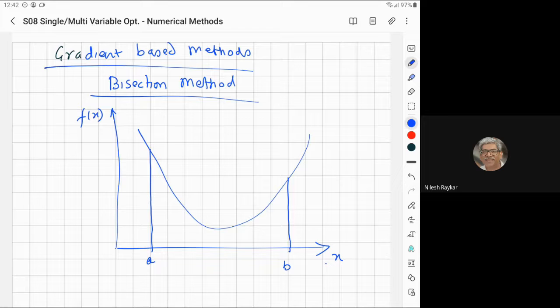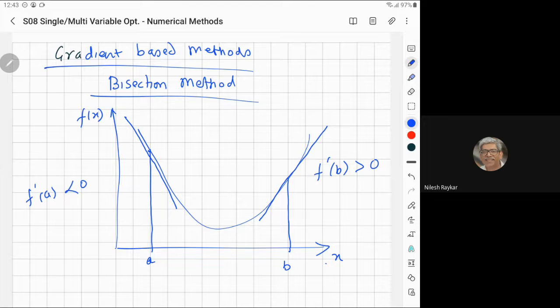This particular method is gradient based. That means it is slope based. So at the beginning, we have to ensure that the slope at point A is negative, so f dash of A is smaller than 0, and the slope at B is positive, so f dash of B is greater than 0.